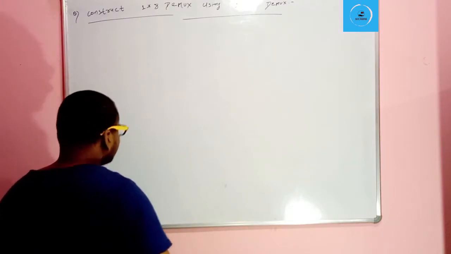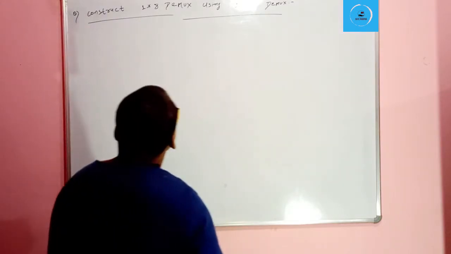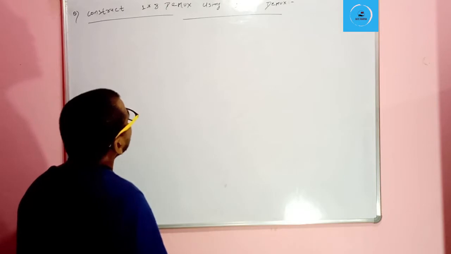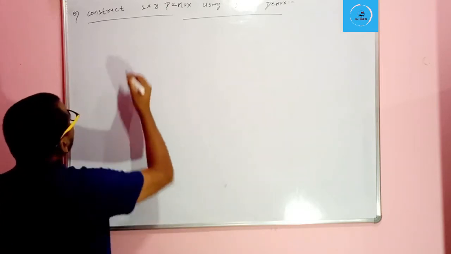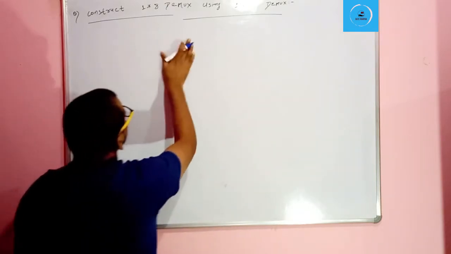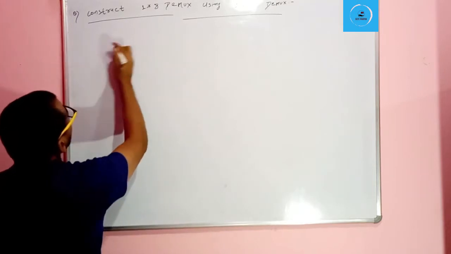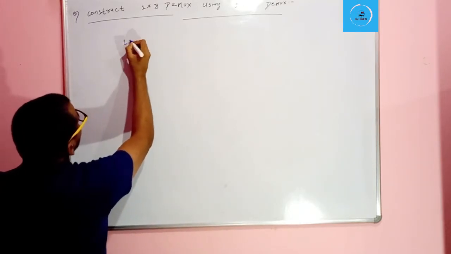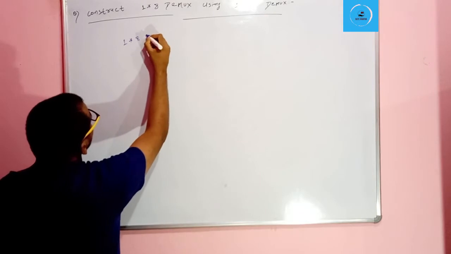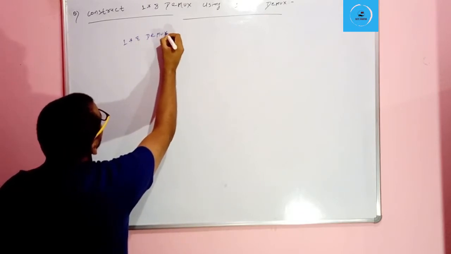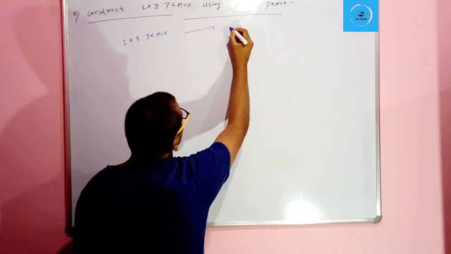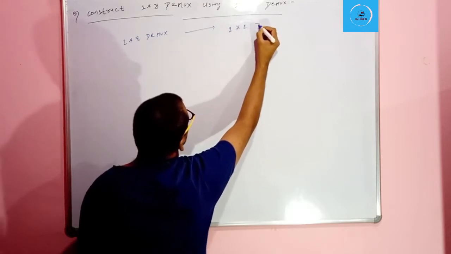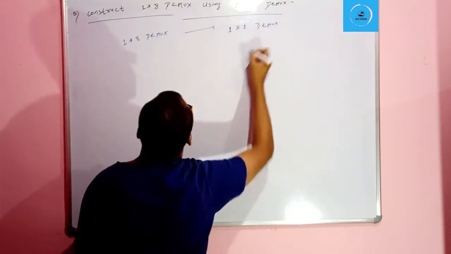This will be the same as the multiplexer. So first we will write here 1:8 demux using 1:2 demux.